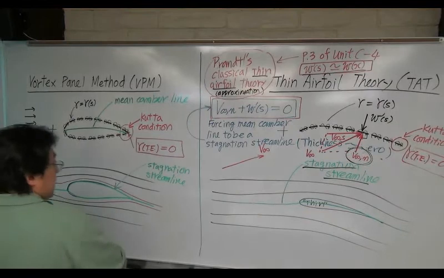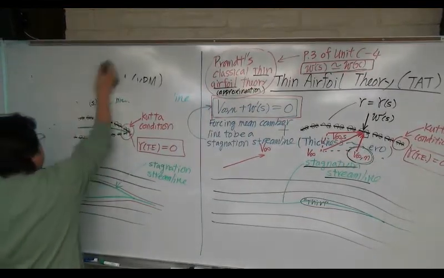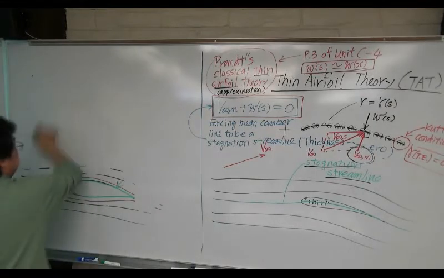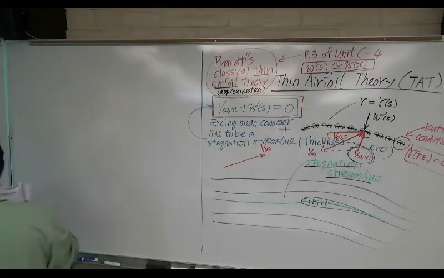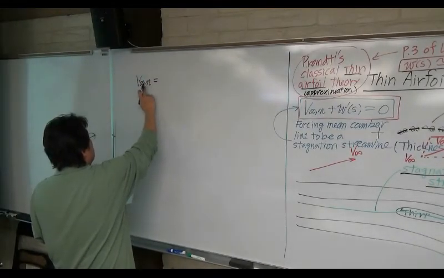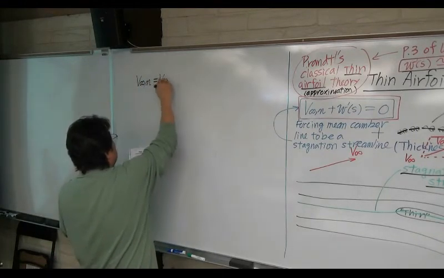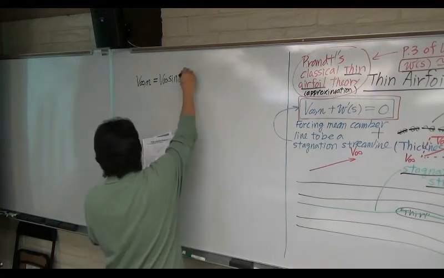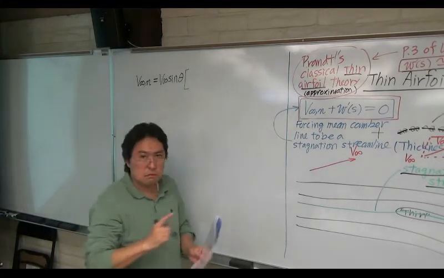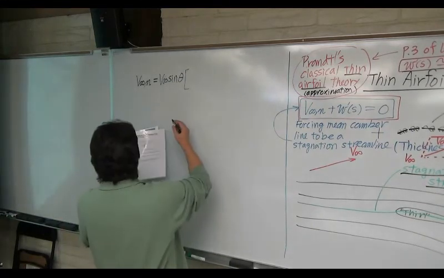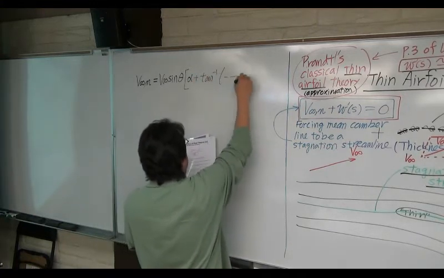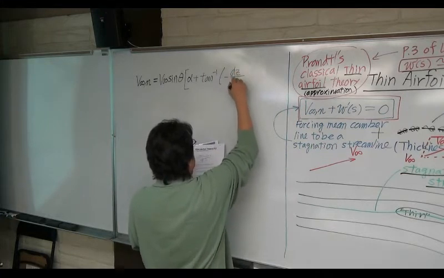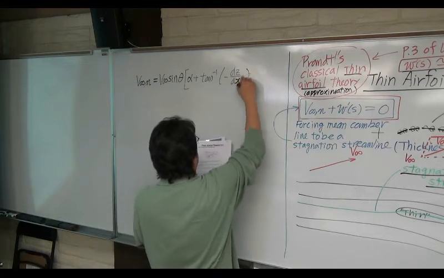The note says V infinity n is V infinity sine of theta, where theta is alpha plus inverse tangent of minus dz dx.